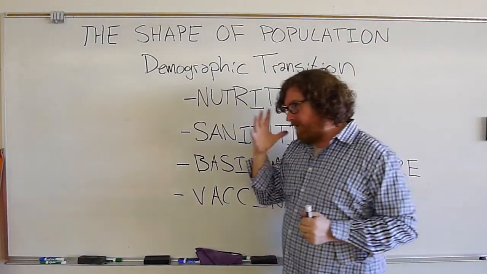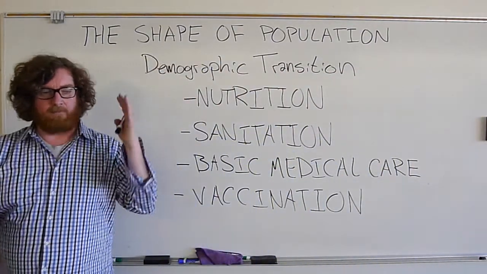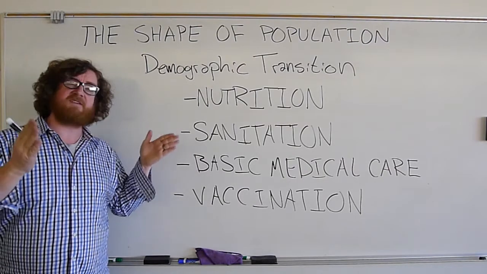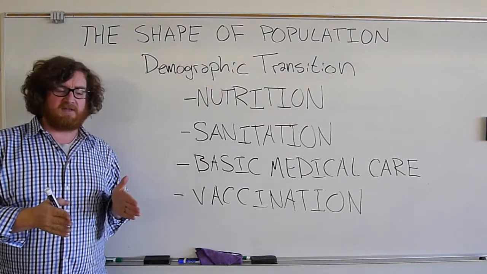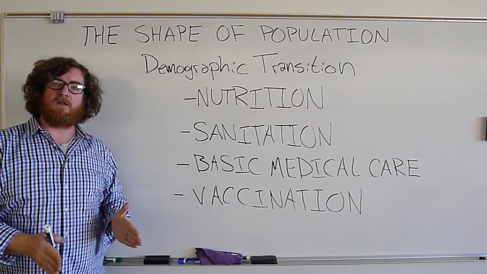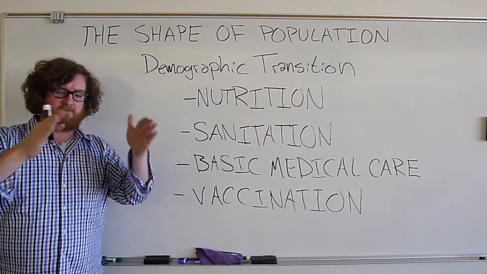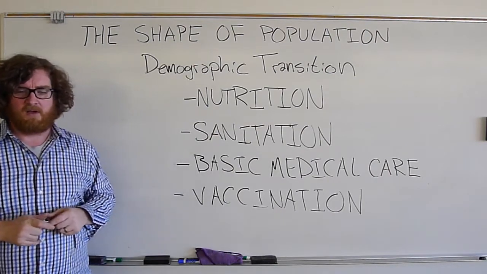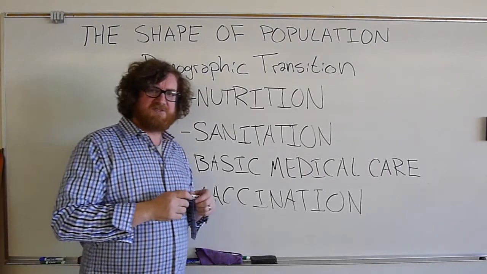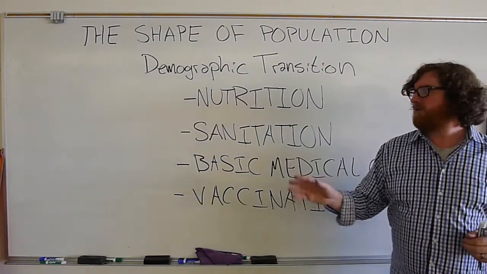But following the rules of population evolution, we would expect to see the population of India ultimately become more of a column rather than this pulse that we have here. So eventually it tapers off.